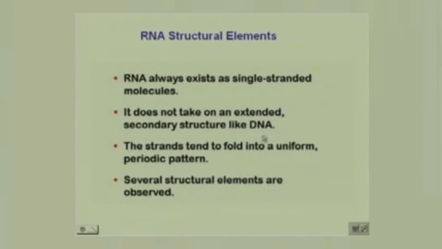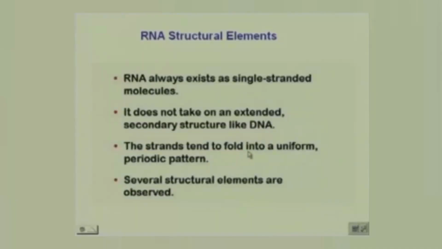So you understand that in this case there is no necessity for complementary base pairing, right? We do not have to maintain a distance because we do not have to maintain that linear polymer, the parallel ladder-like structure. In this case, the strands usually fold in a uniform periodic pattern, and we have several structural elements that are observed. We have what are called bulges and helices and so on, which we will see in a moment.